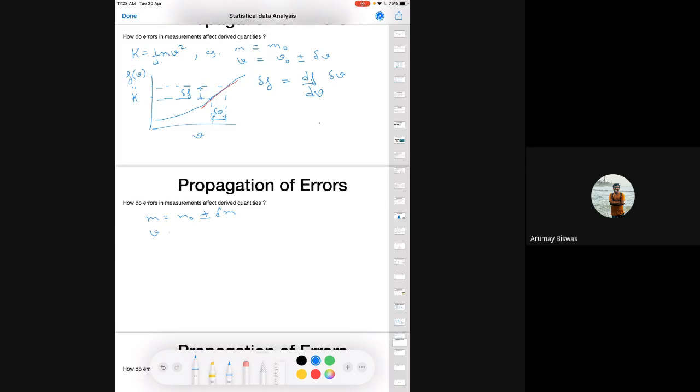and my velocity is also uncertain, then my delta F is equal to df dm into delta m, or del f del m if I want to be more precise, plus del f del v into delta v.